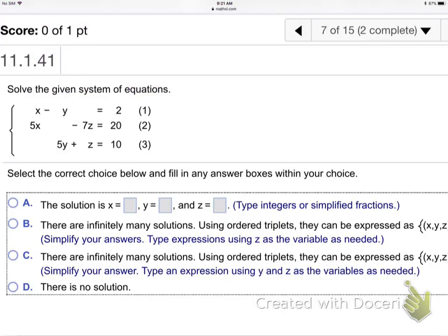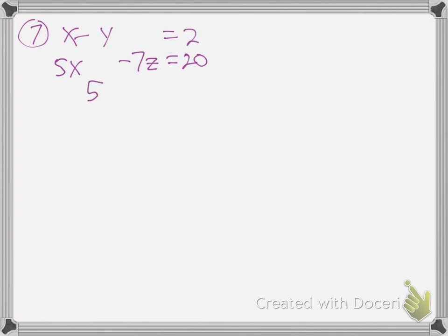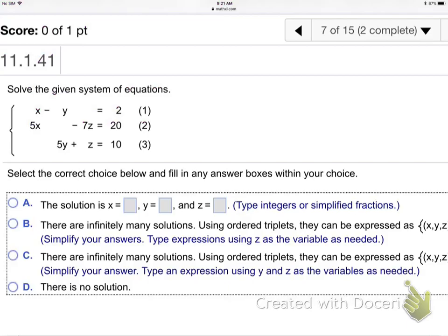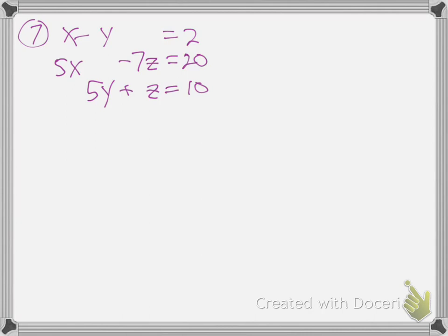And 5y plus z is 10. Is that right? Yeah. Okay. So there we go. So now we have, this is called a 3 by 3, 3 equations, 3 letters.